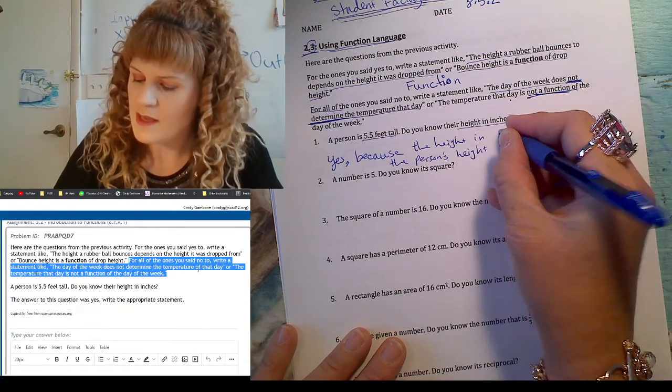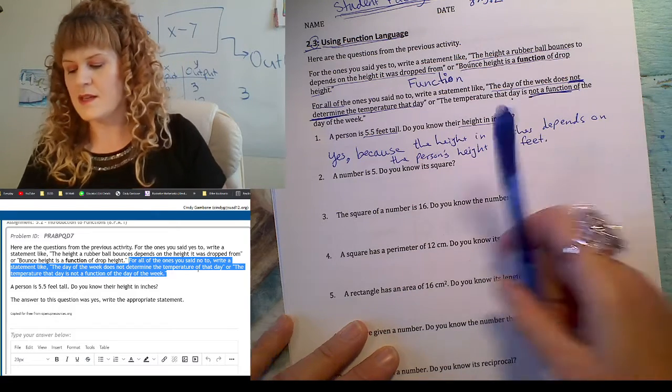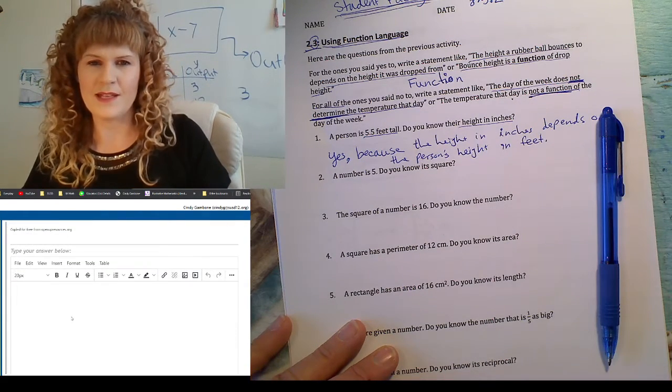Another way to say this, the height in inches is a function of the height in feet.